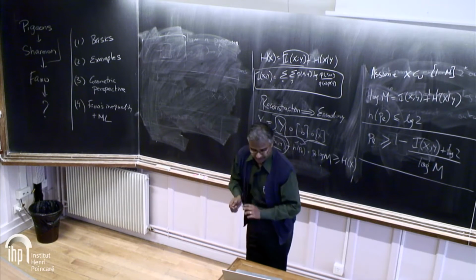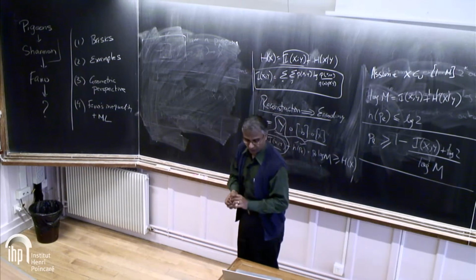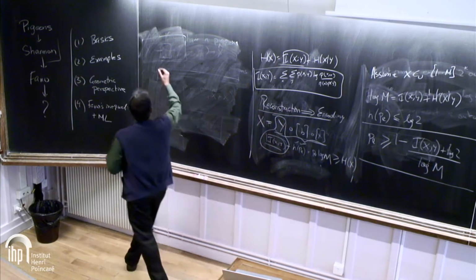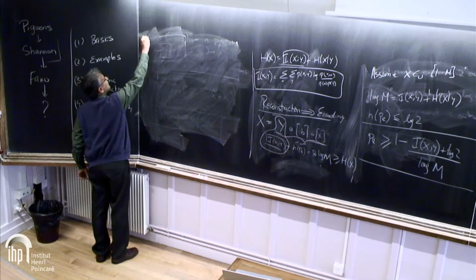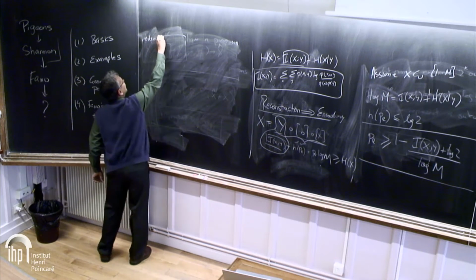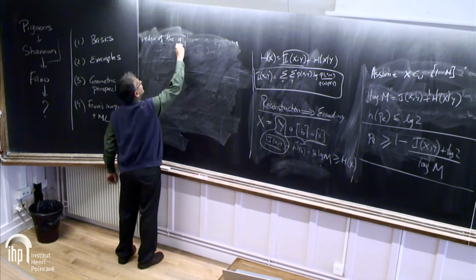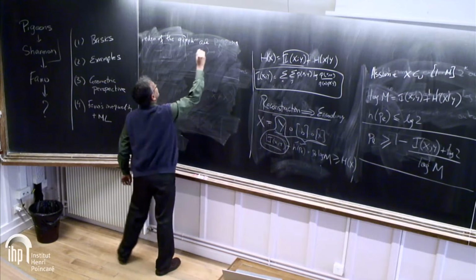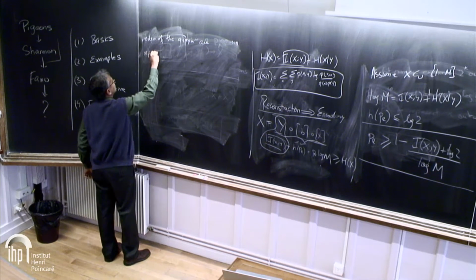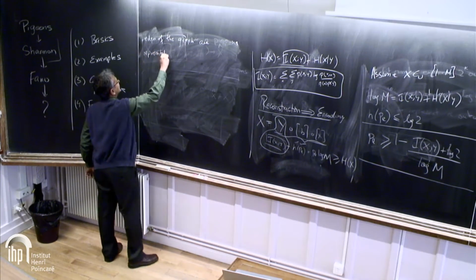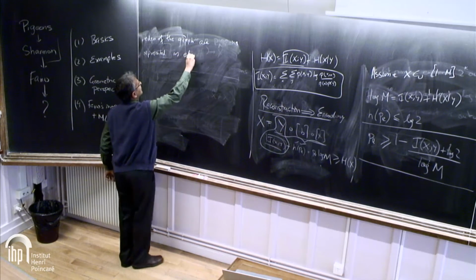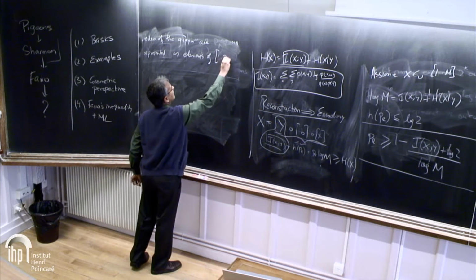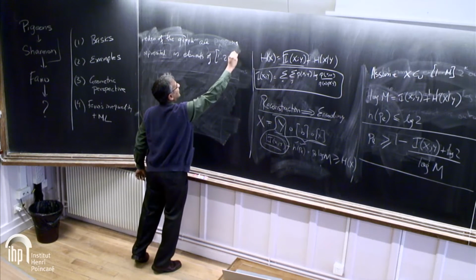But let's assume that the original graph, the edges of the graph in particular, are represented as elements of the set 1 to 2k to the n.